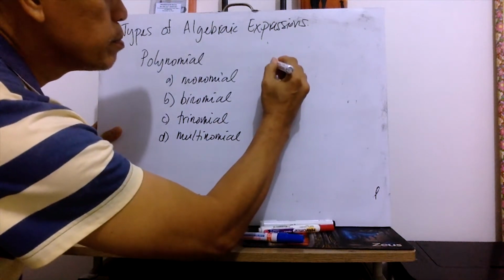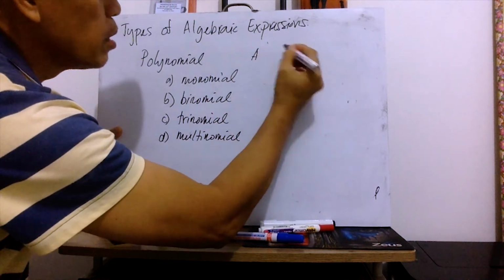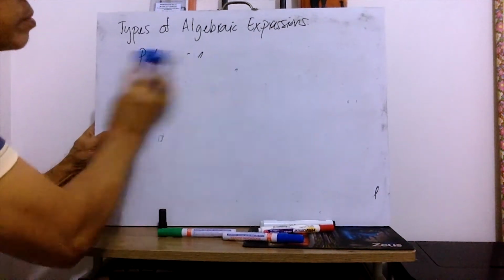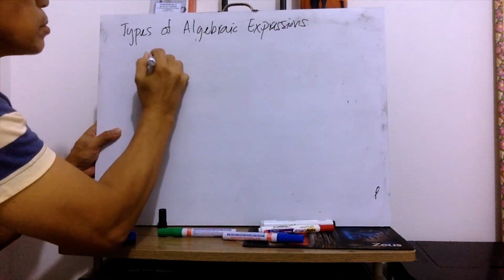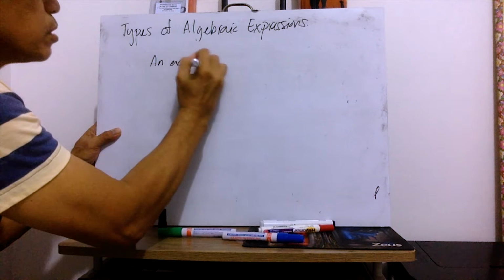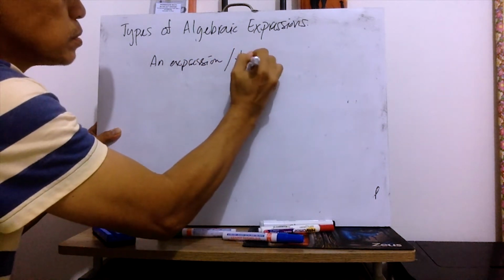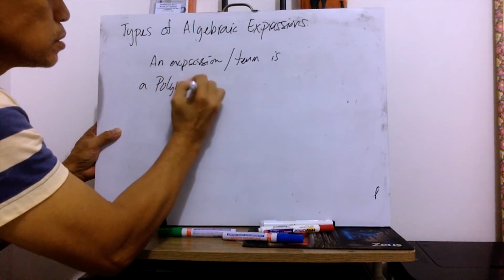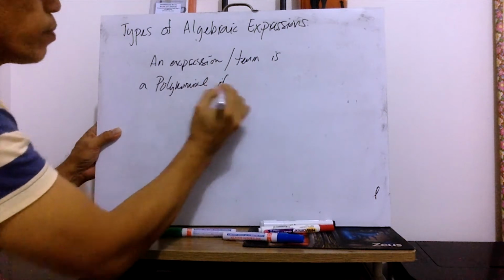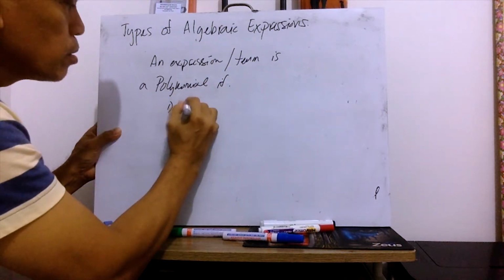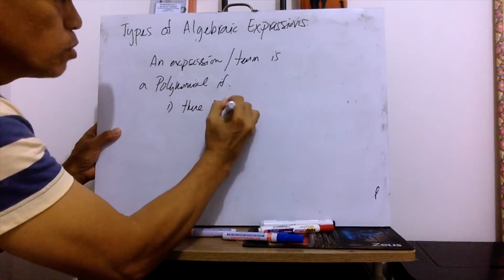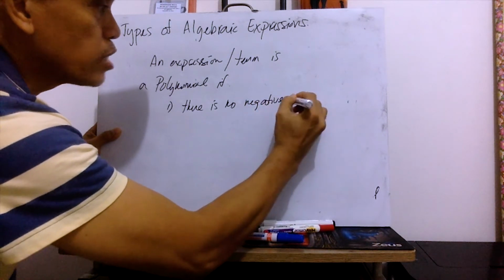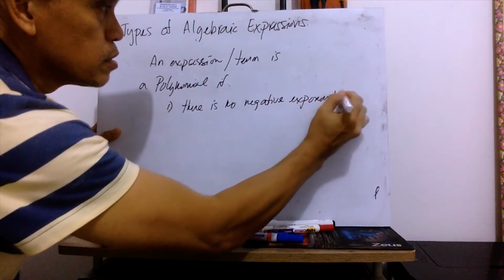Number one, an expression or term is a polynomial if there is no negative exponent on the variable.